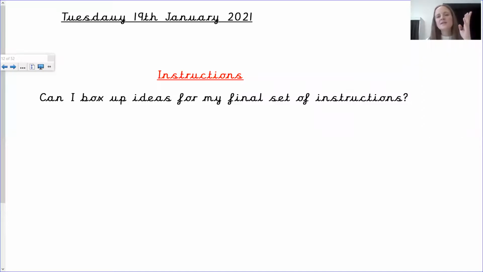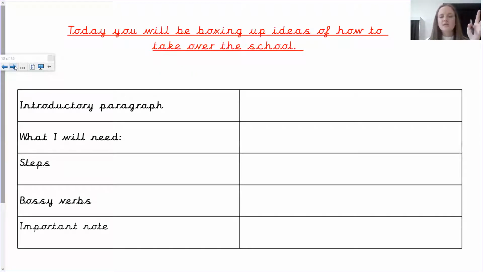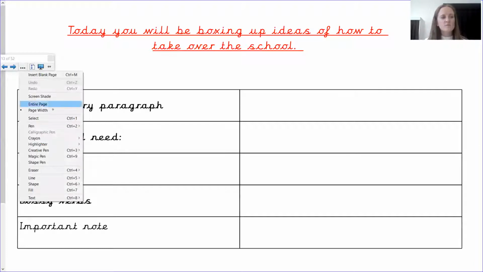So let me share my screen with you. So you're boxing up your final set of instructions today. And these are going to be your hot task when you write it. So these need to be organized and structured correctly. Again, you will be using the box up that we have of our introductory paragraph, what I will need, steps, using your bossy verbs or your imperative verbs.